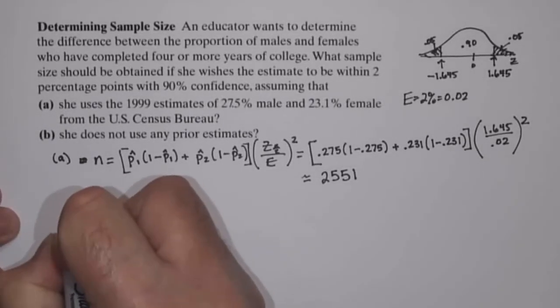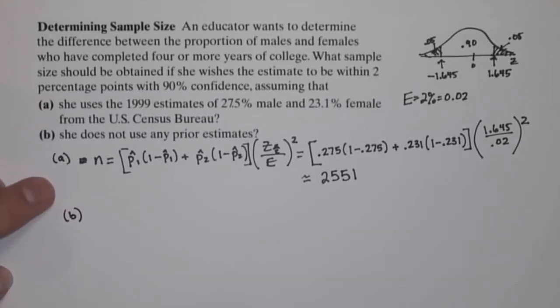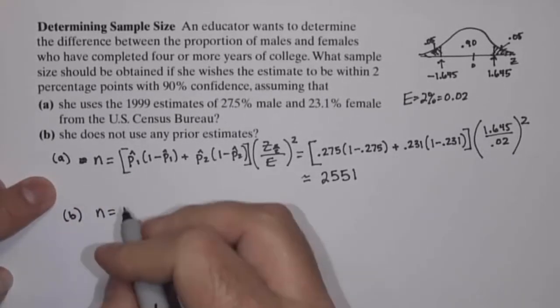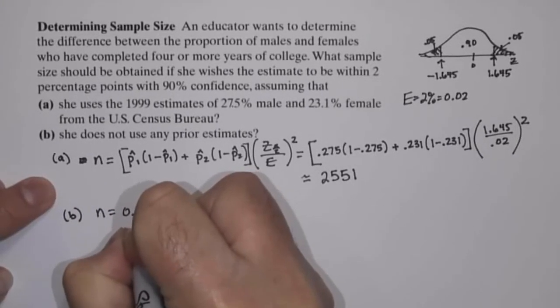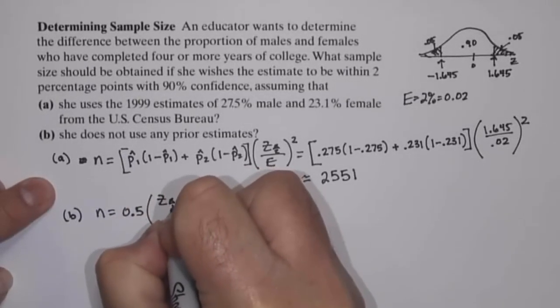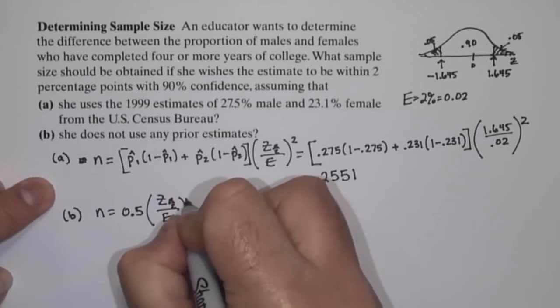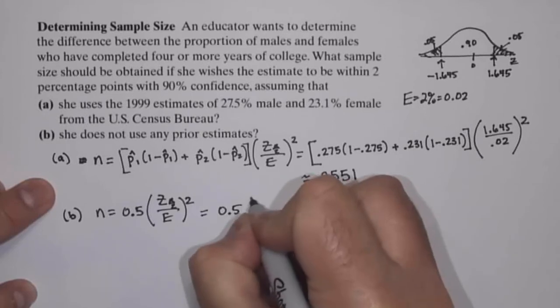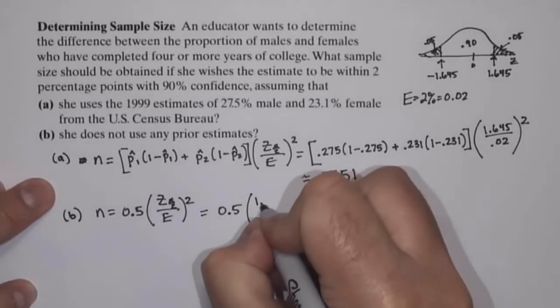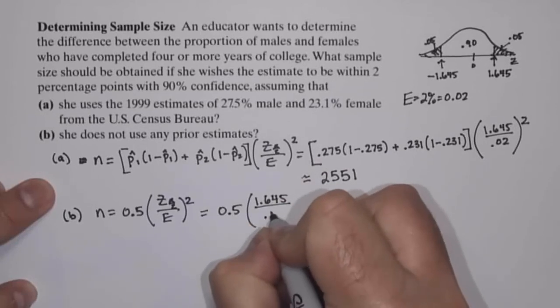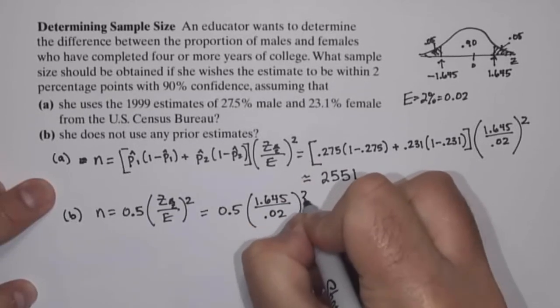Now for part B, we do the same problem, except we don't have a prior estimate. So our formula there is that we replace this part in brackets with 0.5. So 0.5 times z sub alpha over 2 divided by e squared. So 0.5 times z sub alpha over 2, which is 1.645, divided by e, which is 0.02, and that gets squared.